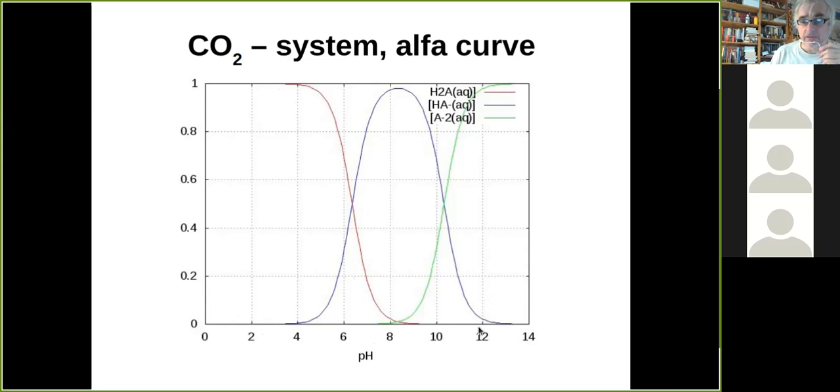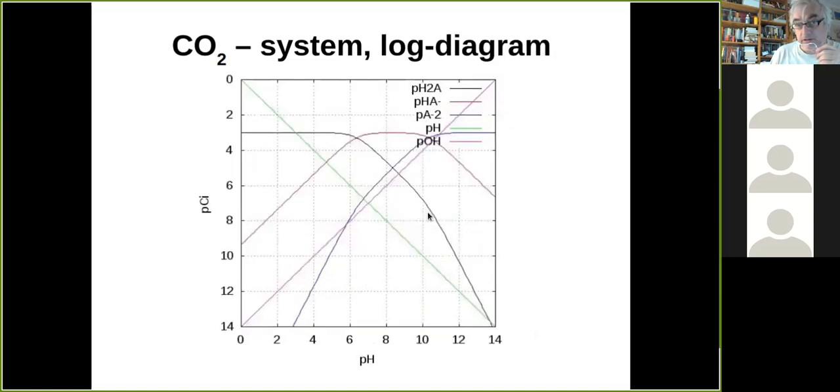If we need to know carbonic acid at pH 12, this diagram is useless. Then we need a logarithmic diagram, which extends the different species to very many orders of magnitude.